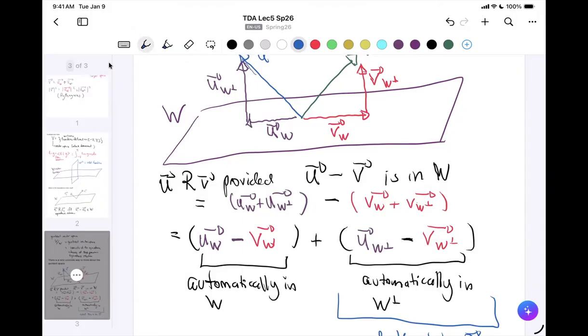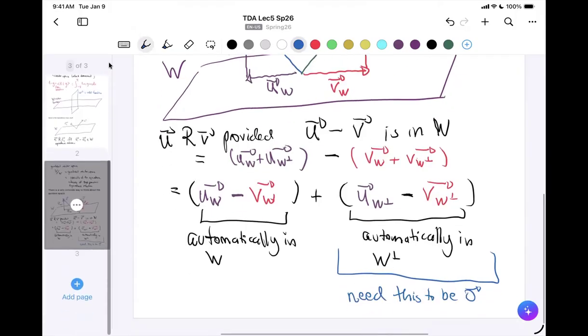If you had R2 as W and two vectors in R3, they were related if, here you needed Z1 minus Z2 to be 0. So that meant that they had the same value for the Z coordinate.